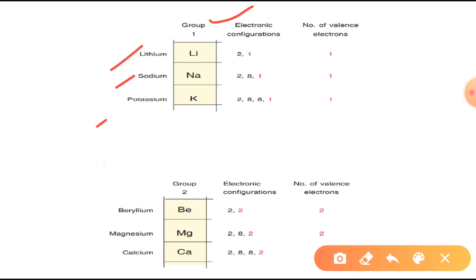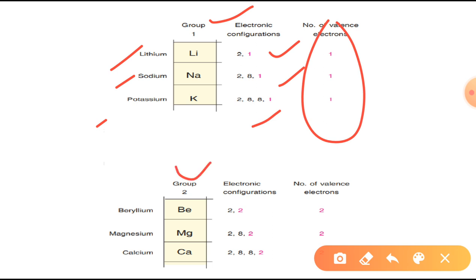Let's have a look at their configuration. Lithium has electronic configuration 2,1, then sodium 2,8,1 and potassium 2,8,8,1. Have a look at the number of outermost shell electrons. They are 1. So all the members of group 1 have 1 electron in their valence shell. That's why the number of valence electron is 1.